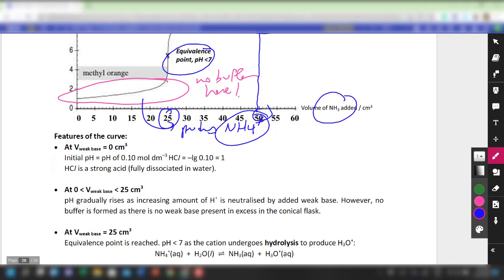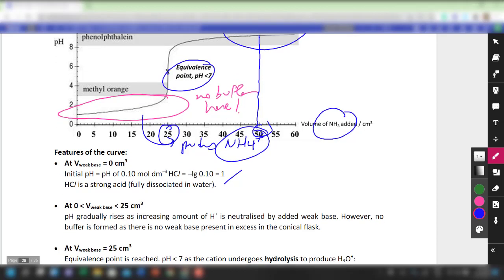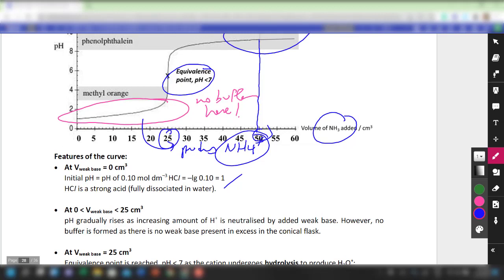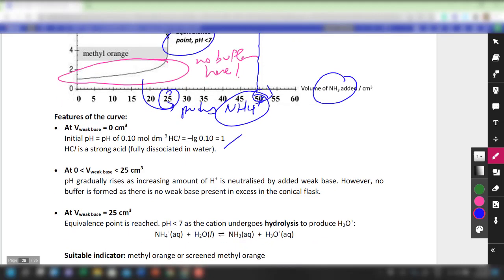So the features of this curve will be initial pH. I think this is straightforward, just minus log base 10 of 0.1, and then anything in between, we are not going to calculate any buffering region. You can calculate the pH if you want, but it's not very significant. There's no significant change. The main pH here is due to the concentration of the excess H+.